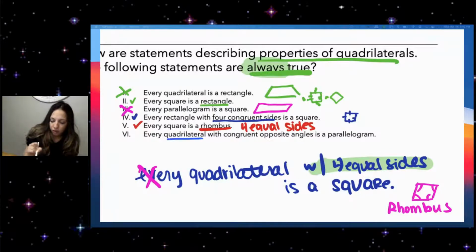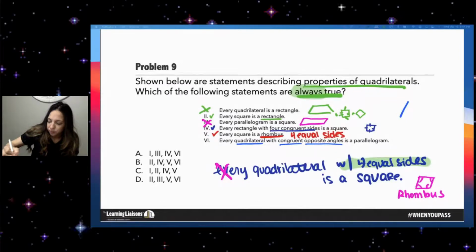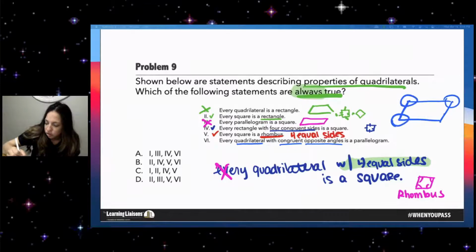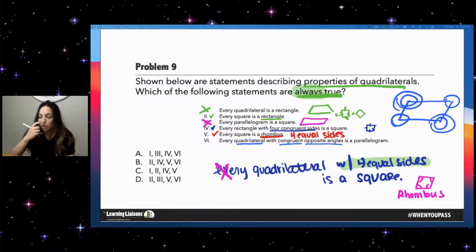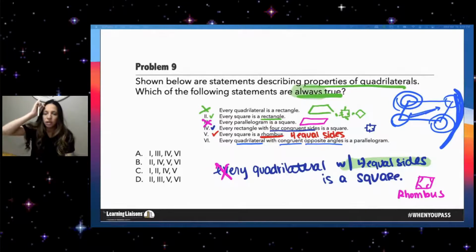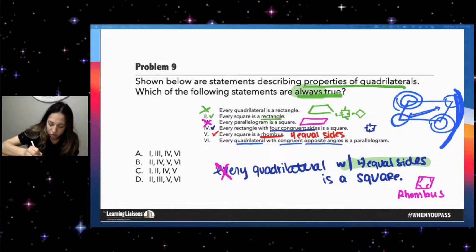If I look at a classic parallelogram, and I look at congruent opposite angles, those are equal. Those are opposite from each other. They are not adjacent. These are adjacent. These are opposite. And if they're congruent, they are a parallelogram. So that's going to be true too.